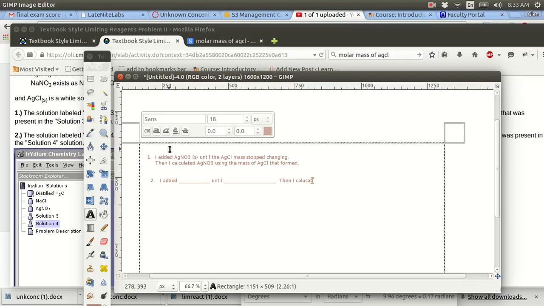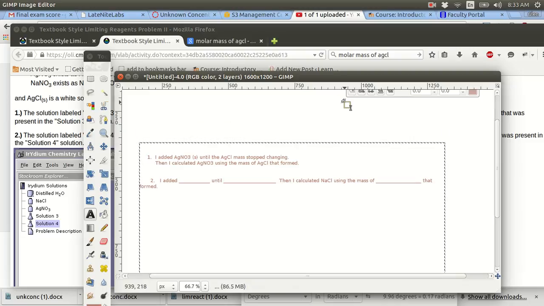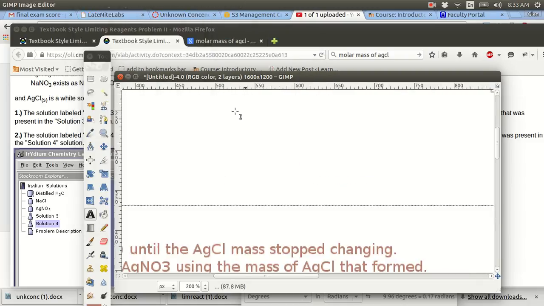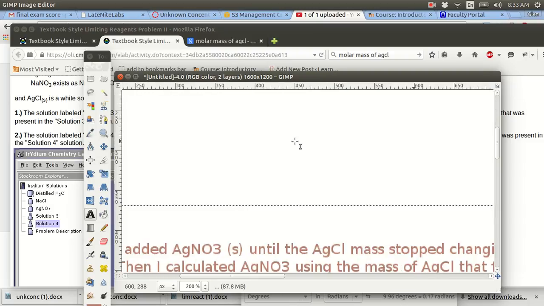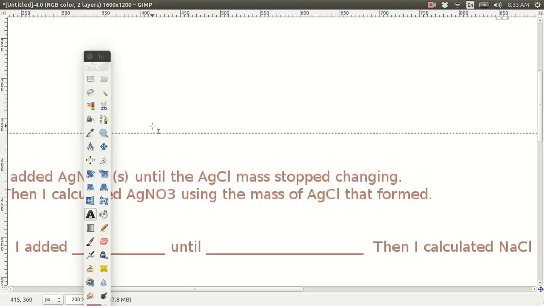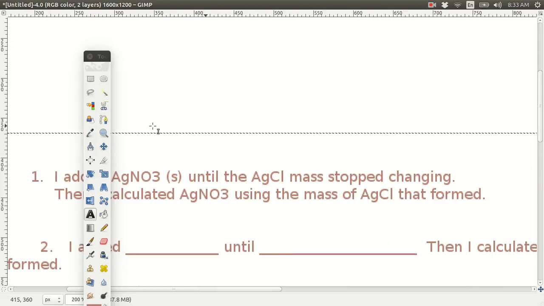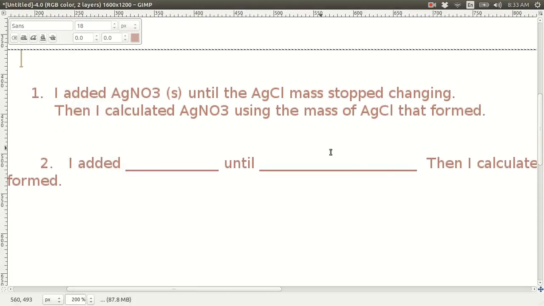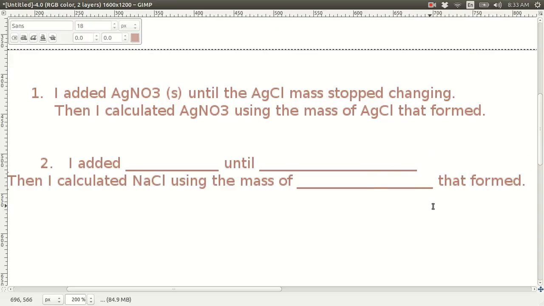Then you calculated NaCl using the mass of something that formed. Okay, that's how you explain your answer. Explain how you designed your experiment. Here, let me make this bigger for you. You really can just fill in the blanks there. Okay, it's just like that.